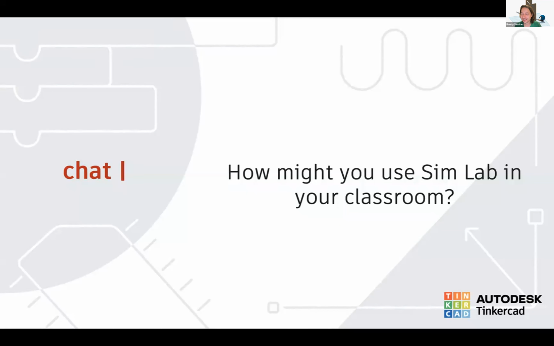Let's see. Different physics principles like Newton's law and rotational motion. Yep. Bridges. Lots of bridges. Just think of this as a first step, right? This is design mindset, product mindset.